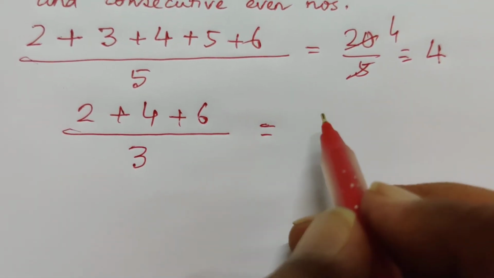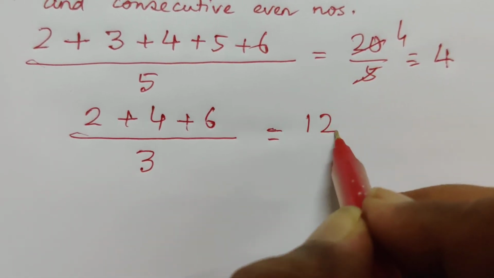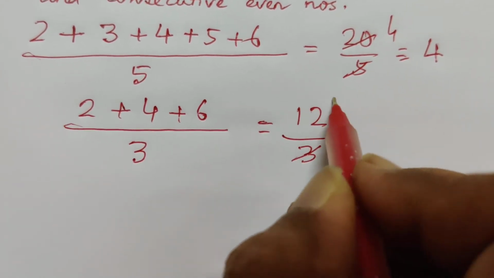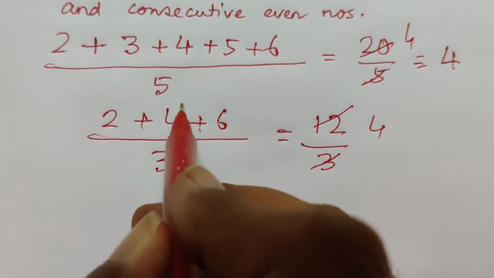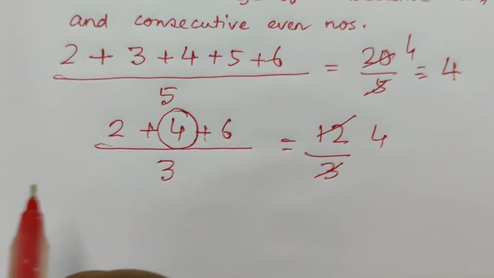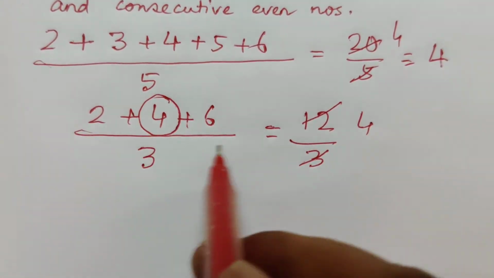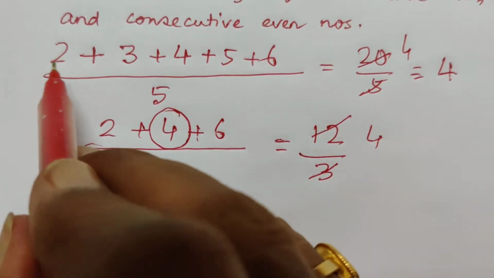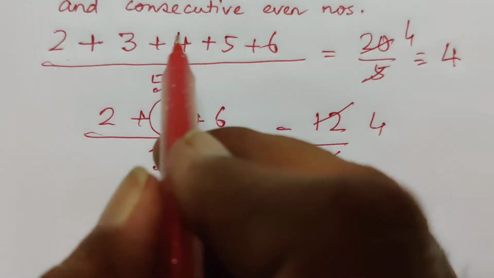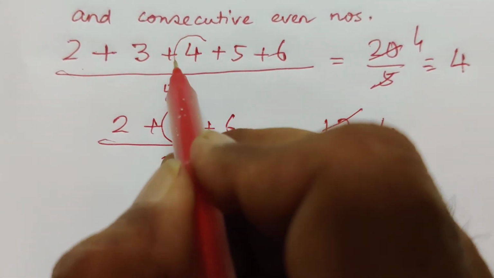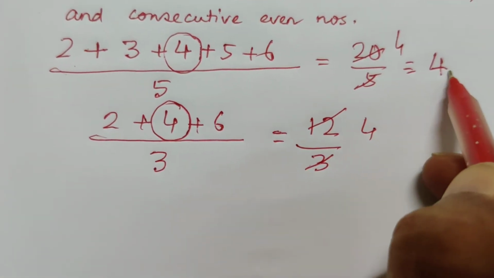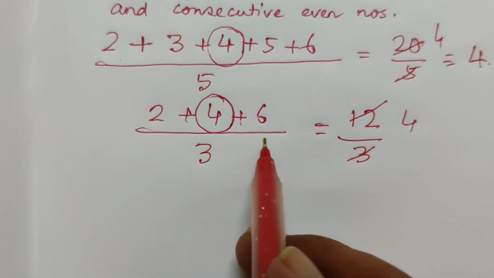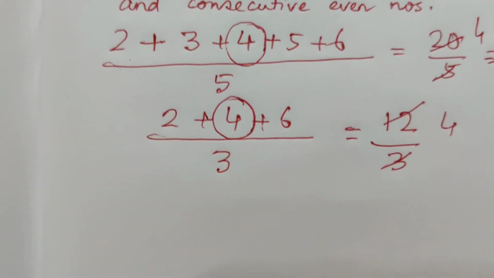What will be? 2 plus 4, 4 plus 6 is 10, 10 plus 2, 12, 12 by 3 is 4. So it is the middle number. Average means the middle number in these cases. Here 2 plus 3 plus 4 plus 5 plus 6. Which is the middle number over here? 4. So average is 4.